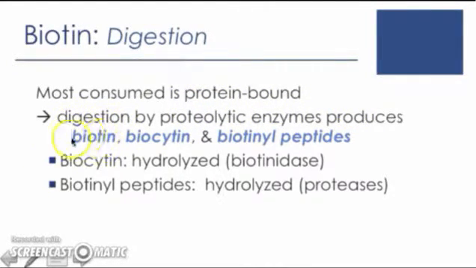So we get the free biotin, but we also get biocytin and biotinyl peptides, which need to undergo further digestion. So first we have digestion by proteolytic enzymes, which does yield some free biotin, but the biocytin will need to be further hydrolyzed by the biotinidase enzyme, and then the biotinyl peptides will need to be further hydrolyzed by additional proteases.